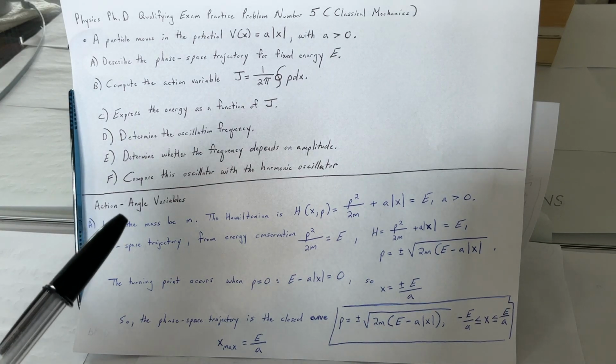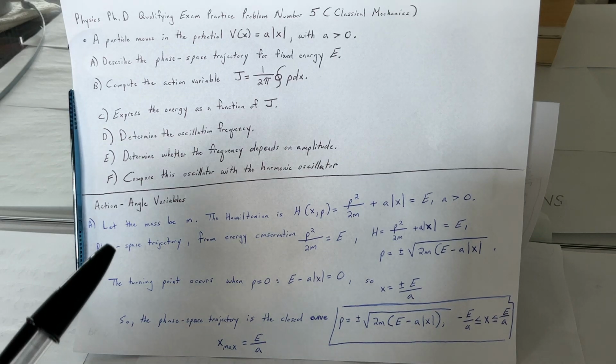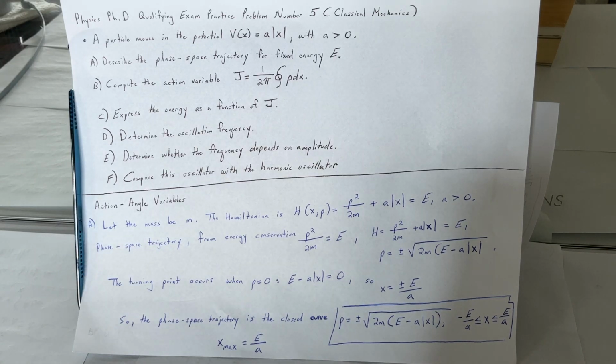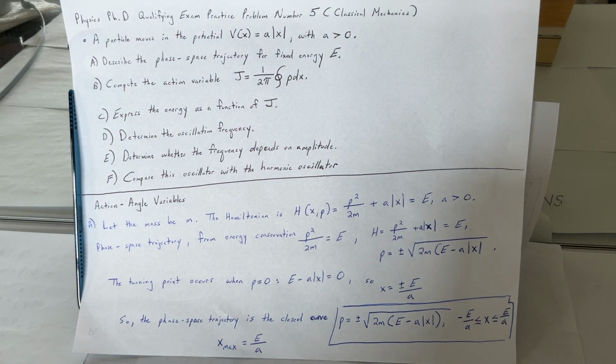So this is an action-angle variables problem. For part A here, we're going to let the mass be m. The Hamiltonian here, H of x, p equals p squared over 2m plus A times the absolute value of x, equals E, where A is greater than 0.